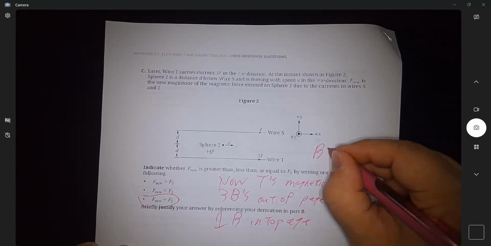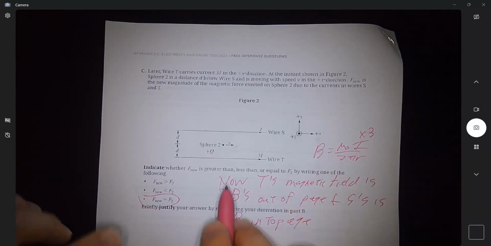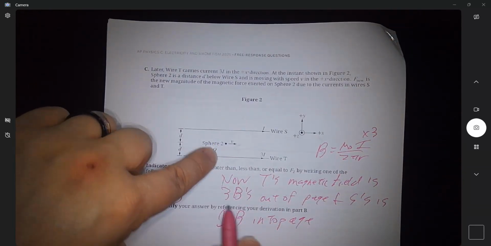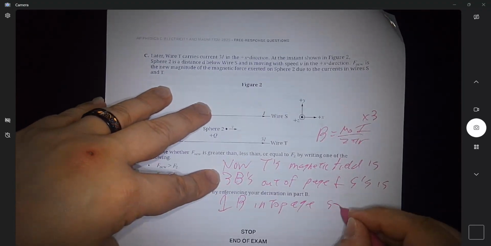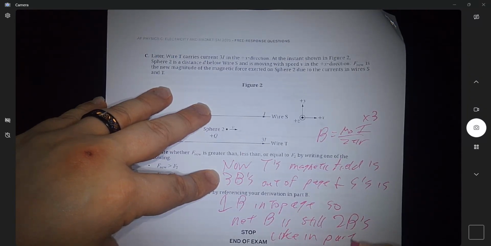What am I thinking? I'm thinking B equals mu naught I over 2 pi r. So this is times 3. So T creates 3 times as much magnetic field as S does, and they're in opposite directions. So the net magnetic field is still 2B, like in part B.